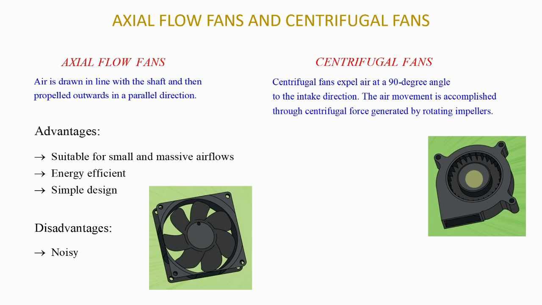Okay, I hope that makes sense. This is accomplished through the centrifugal force that is generated by the rotating impellers. That's basically what causes the air to be expelled in that 90 degrees direction, 90 degrees to the inlet direction line.